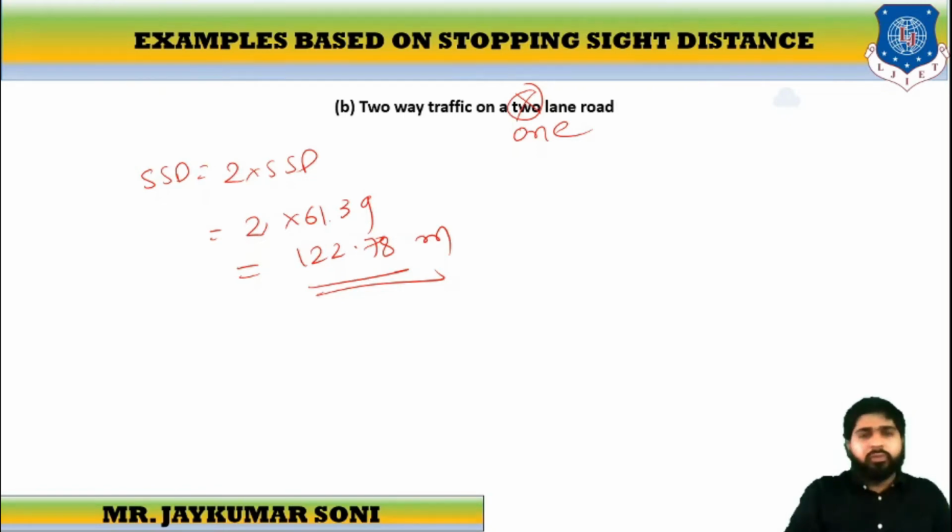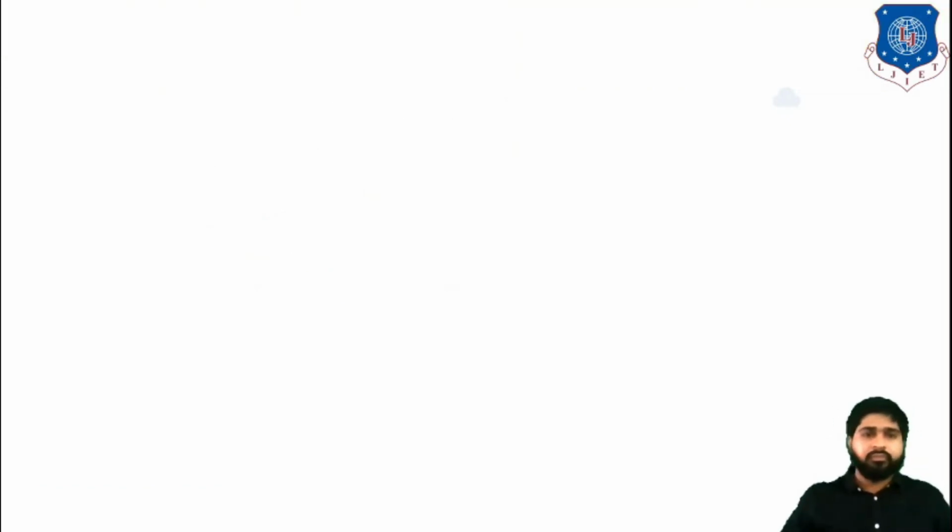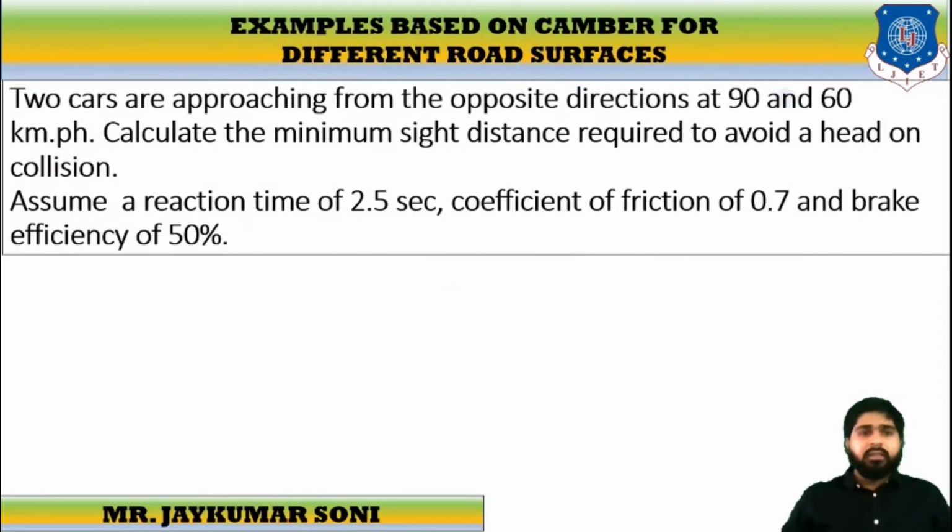Let us move towards another example, another method. This is the statement. Two cars are approaching from the opposite direction. One is at 90 kmph and another is at 60 kmph. So we have two values of V, V1 and V2. We need to convert both of these values to meters per second. This is the first thing.